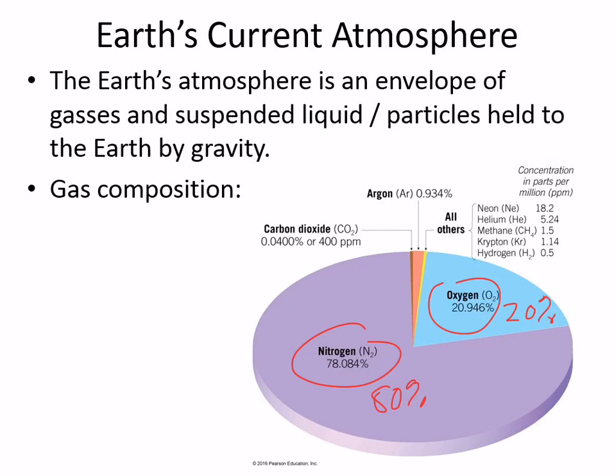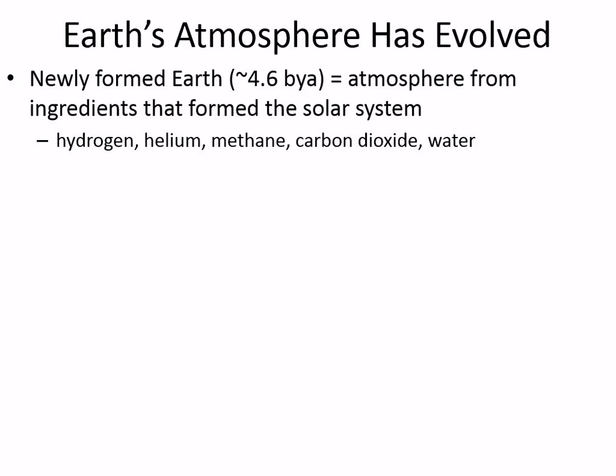But it wasn't always like that. So this is how we got to our 80-20 nitrogen-oxygen gas mixture. All of the planets, when our solar system first became a solar system, and that was marked by basically the sun turning on, the sun became a star, and the planets that had been getting bigger and bigger were about as big as they were going to be.